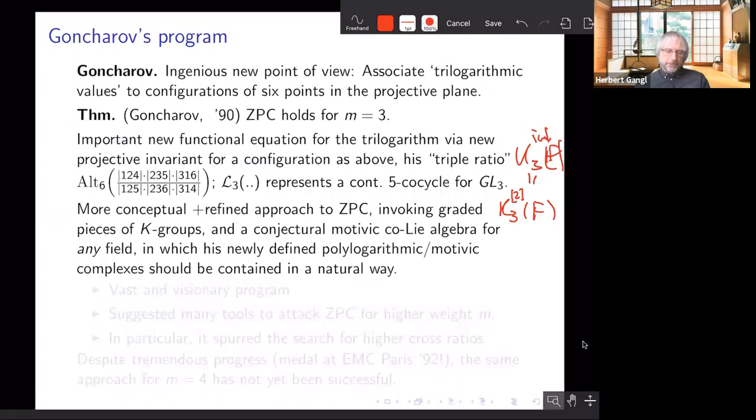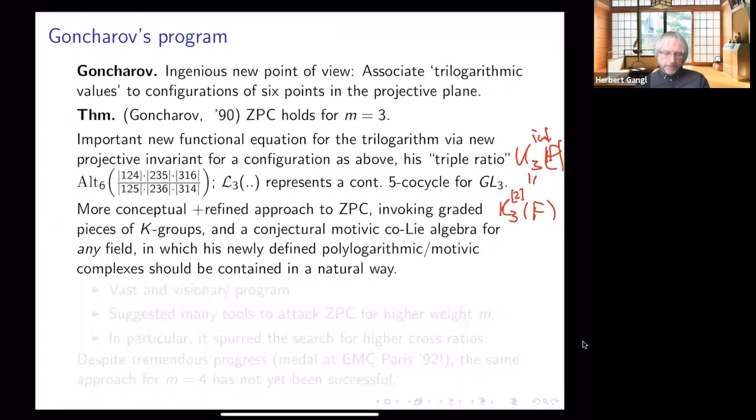So that should be attached to any field, not just to number fields as in Zagier's situation, but for any field. And those polylog complexes have much more detailed information, an amazing new type of insight.